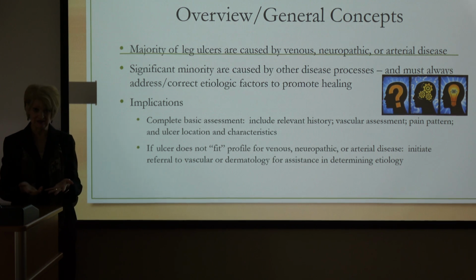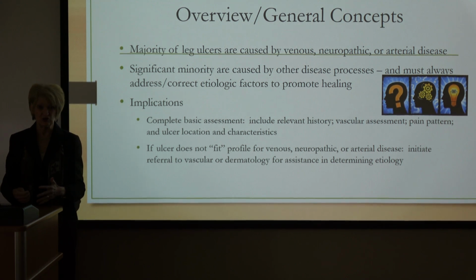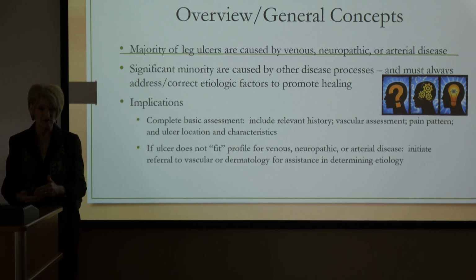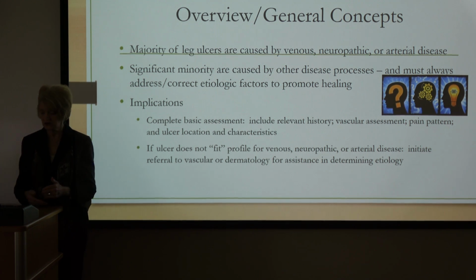In that case, I'm dealing with an atypical lower extremity wound. And in addition to initiating appropriate topical therapy, I need to initiate a referral to either vascular or dermatology to help me determine what's causing this wound and what needs to be done about the causative factors.